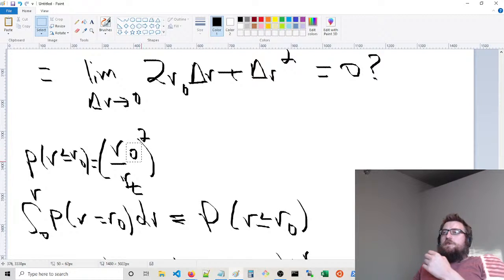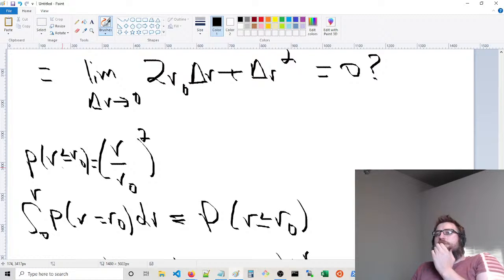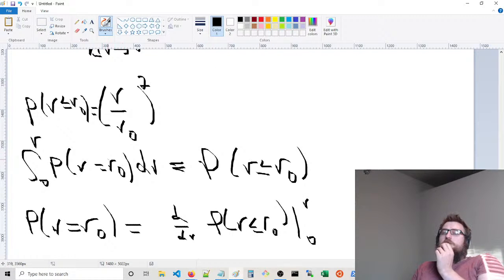I actually did this wrong. It's the other way around. It's r squared over r sub 0.